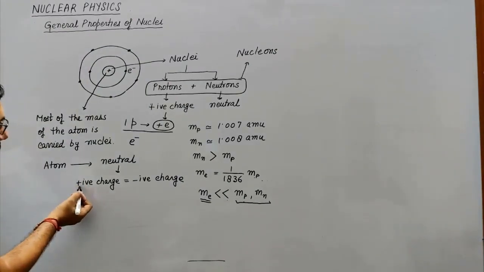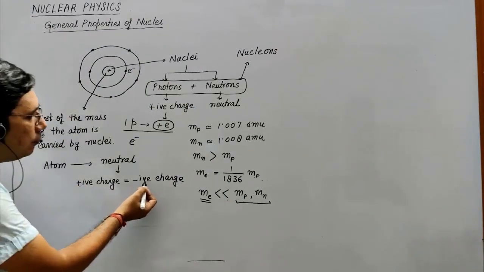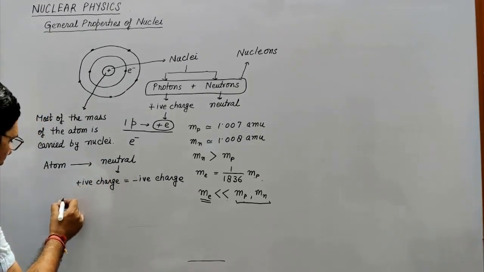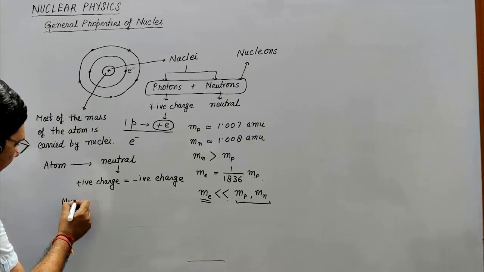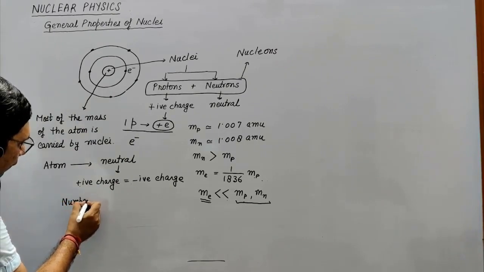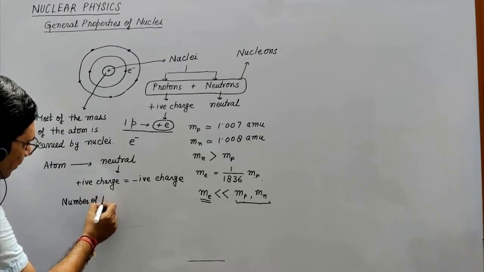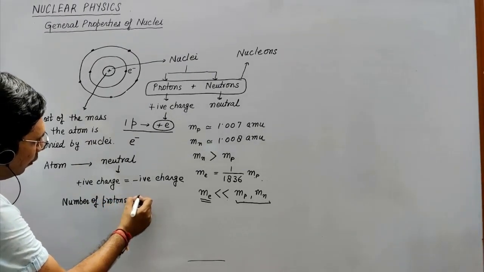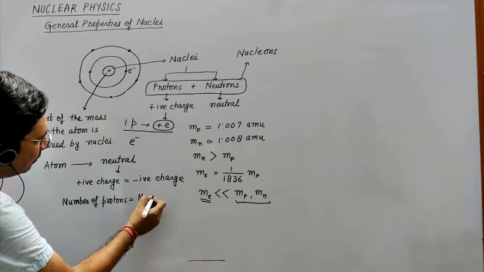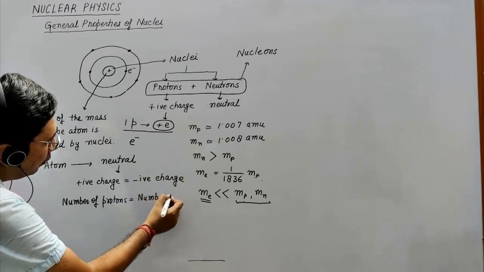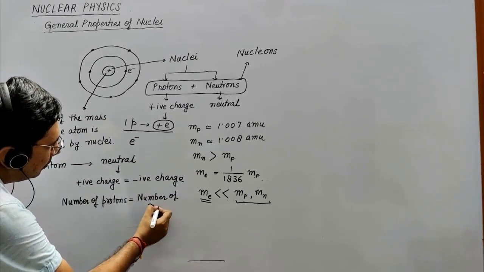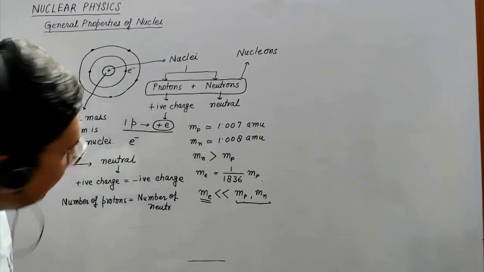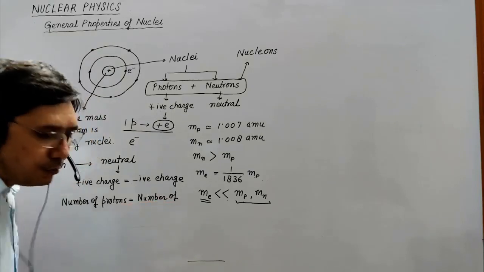So they carry equal but opposite charge. Because total positive charge is equal to total negative charge in an atom, it means number of protons is equal to number of electrons here.